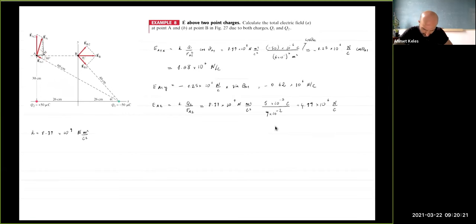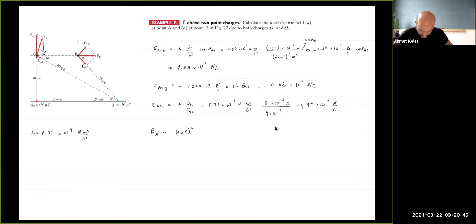So E_A, the magnitude of the electric field at A, is equal to, so what should it be? It should be 1.25 squared.